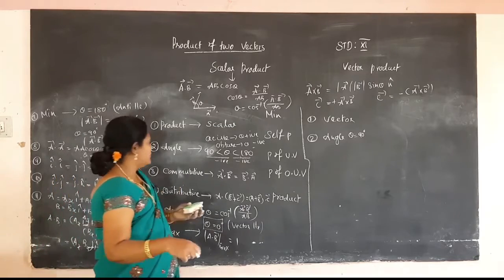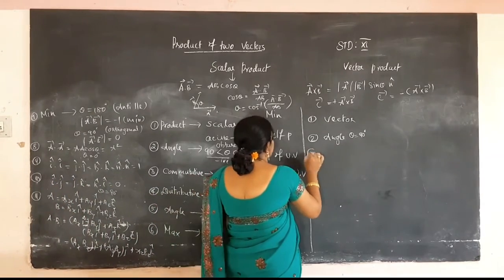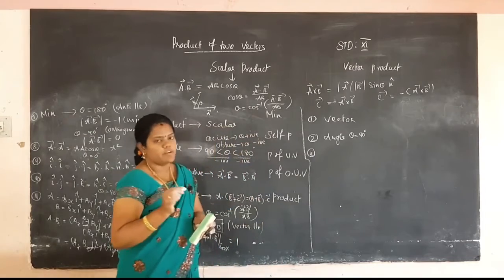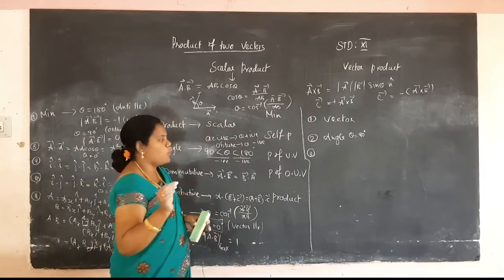The third point is the commutative law. The vector product of two vectors does not obey the commutative law. Why?